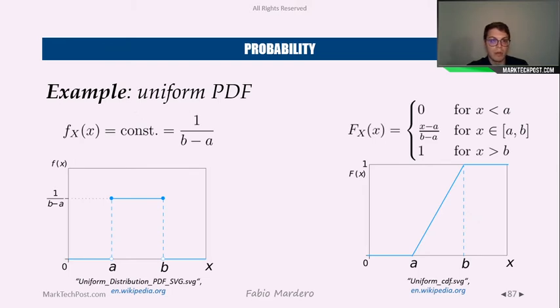Another example of continuous random variable is the uniform random variable, which has a uniform probability density function. In fact, the probability density function is a constant and can be written as 1 divided by b minus a.